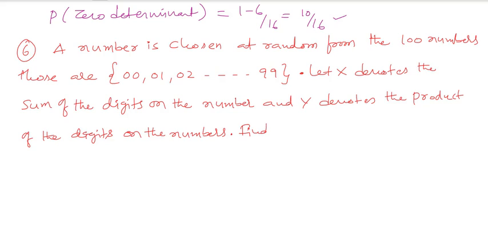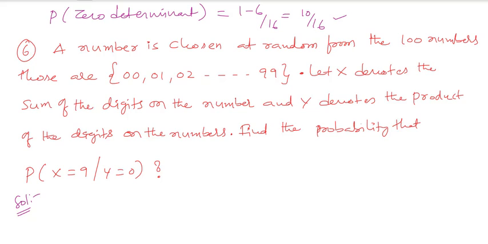Then find the probability of X equal to 9 given Y equal to 0. This probability you have to calculate. This is the question.